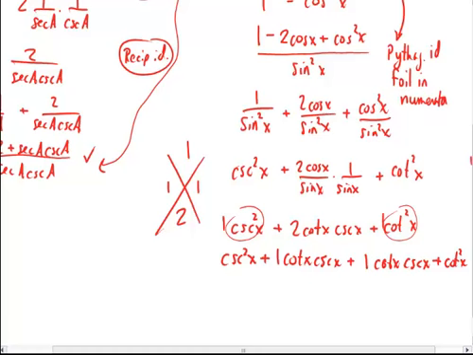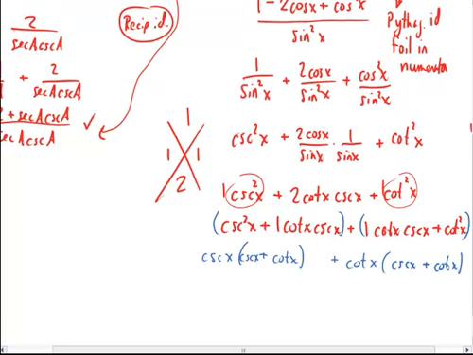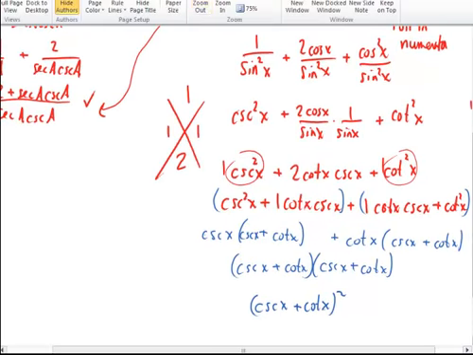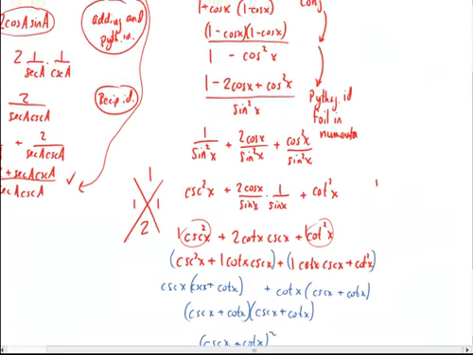I can then group, and at the end, I'm going to have the factors be cosecant of x plus cotangent of x times cosecant of x plus cotangent of x, and that's what the identity called for. Prove that, we're going to arrive at cosecant of x plus cotangent of x quantity squared, and that is our identity proved. I'll just zoom out so we can see the whole thing from start to finish.